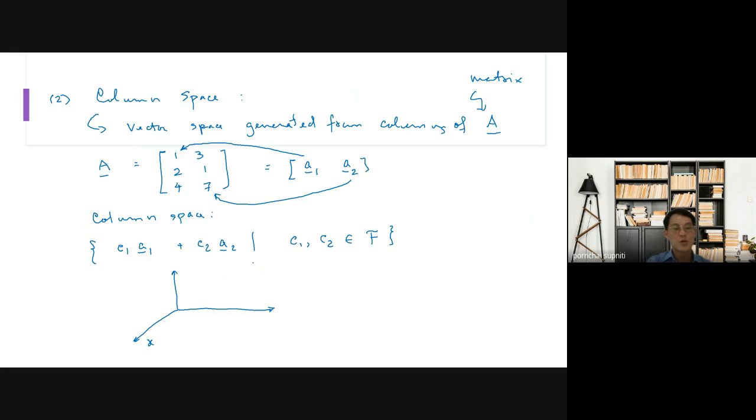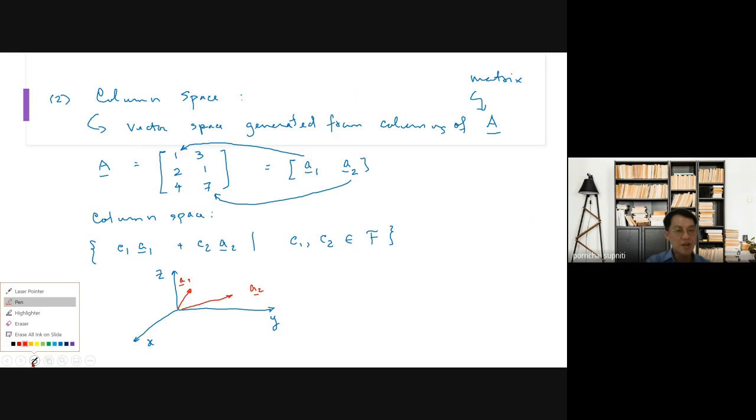So it means that the column space is, how do you call it? Let's say that we have, let me change colors a little bit so that it's a bit easier to see. Let's say that this is A1, and let's say that this is A2. So what can we get out of this column space?